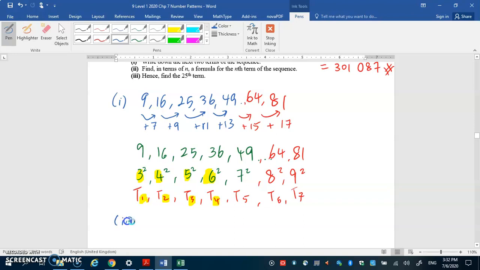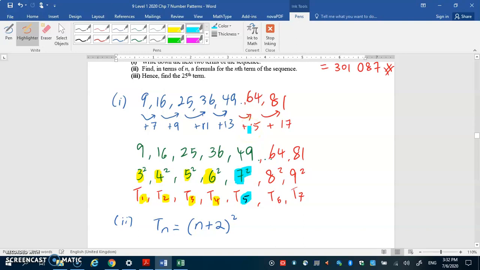Okay, so for the nth term, if I want to find the nth term, it is just the n itself, I have to plus 2, and then I square it. Correct? For example, when n is 5, T5 will be 5 plus 2, which is 7, then I square it to get the 49.